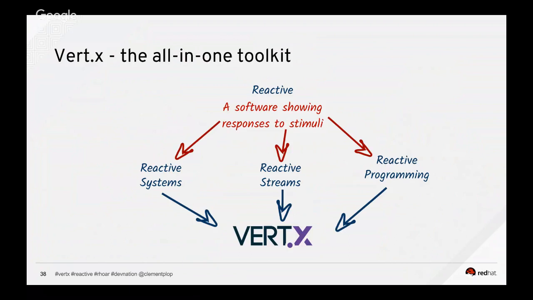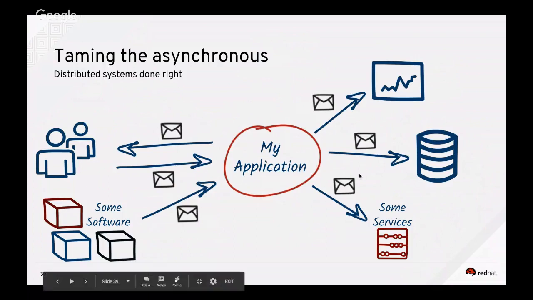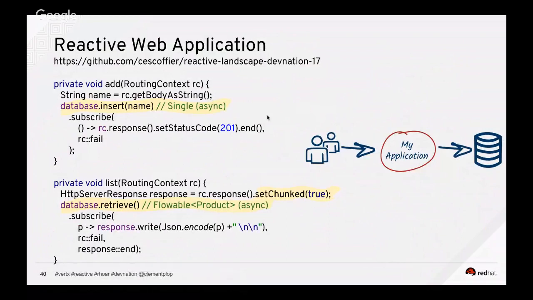Everything comes for free. So let's have a look at how it looks in a real application. Remember this application here. Let's re-implement it in Vert.x very quickly. So let's focus on this interaction first: my user gets my product, and how do they insert my product?